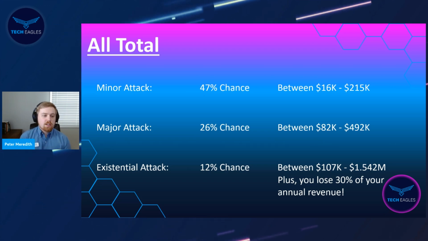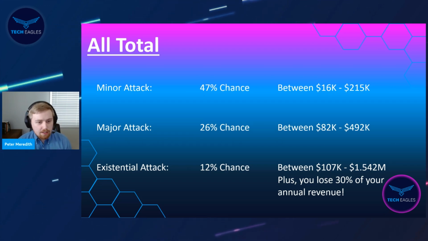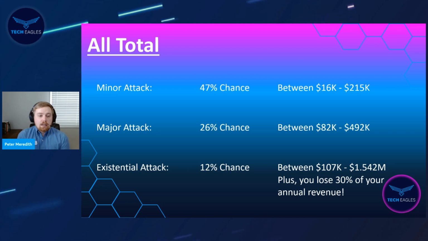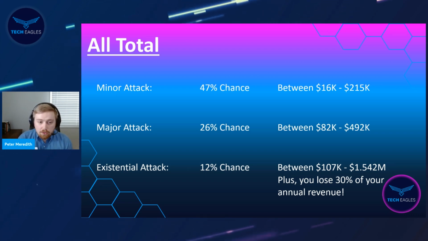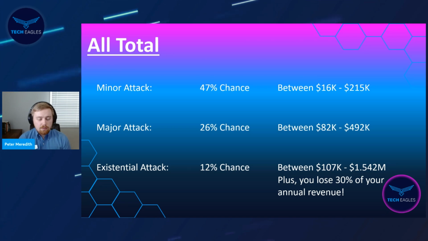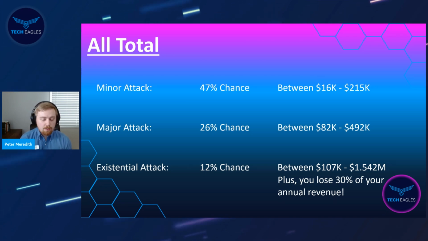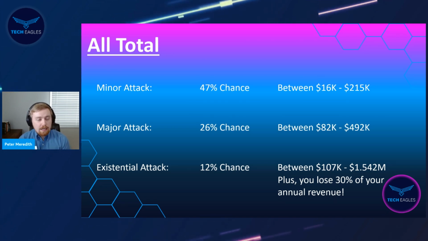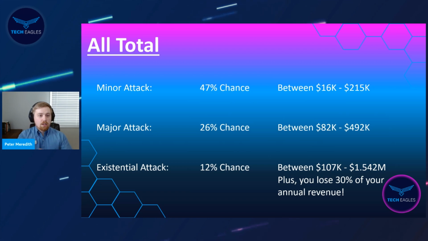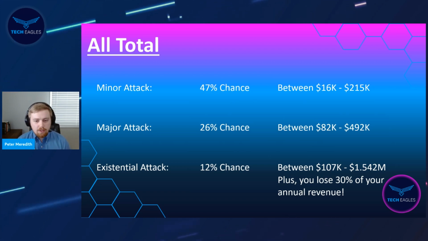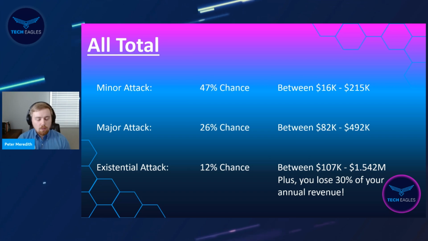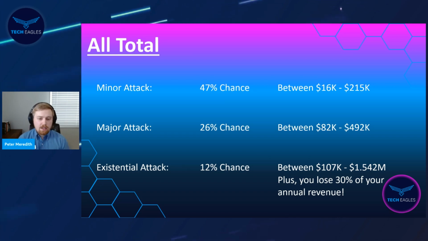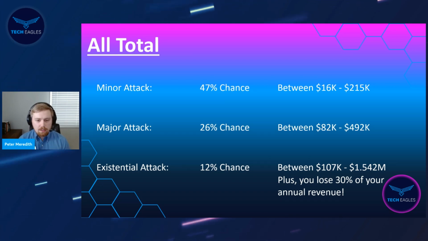And then a 12% chance that you have an existential attack, and that could be $1.5 million plus 30% of your annual revenue could be lost from customer attrition. Once you look at these numbers in perspective, the 60% of businesses who were no longer in business 6 months after being hacked starts to make a lot more sense.